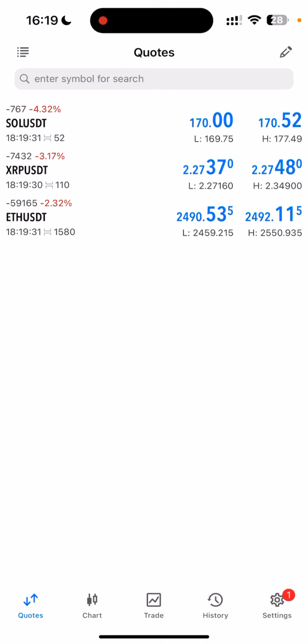I would personally advise that you have a separate trading account for crypto trades and a separate one for currency pairs so that you don't make that mistake of lot sizing, although you can still use the same trading account, but just don't make that mistake of using the same lot sizes, because the lot sizes here are crazy.